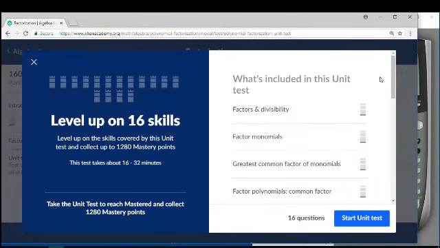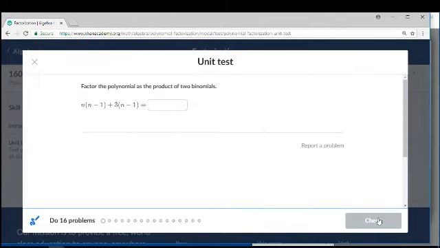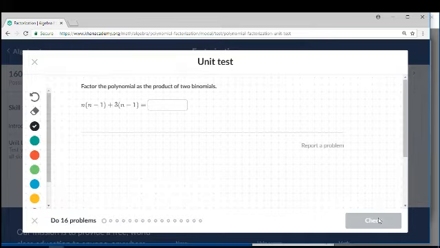I'll break this down. So break the polynomial into a product of 2 binomials. Well, let's just distribute. N squared minus n plus 3n minus 3.